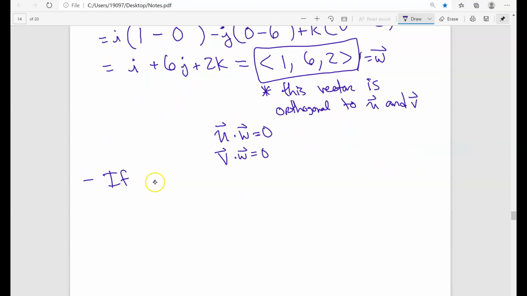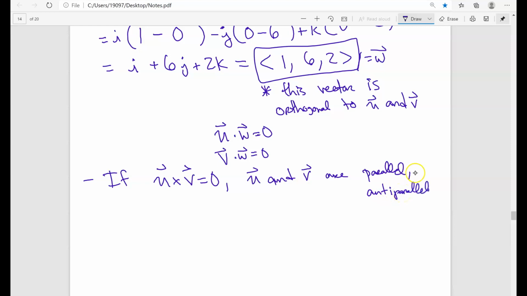If U cross V is equal to 0, so let's say the cross product in this case was 0. What does that mean? That means U and V are parallel. Or another way to think about it is anti-parallel.